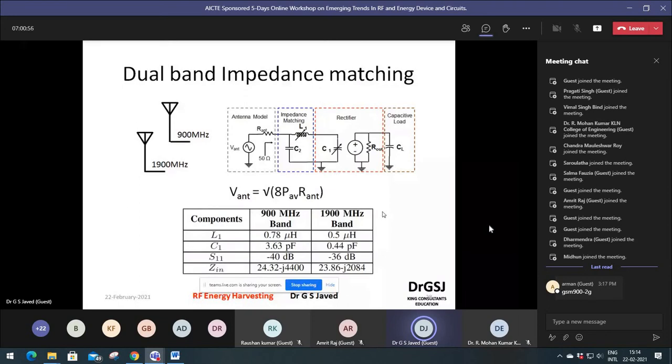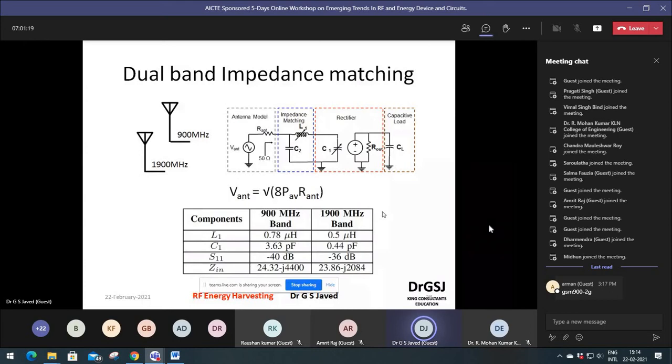The capacitance we used was 3.63 picofarad, whereas for 1900 we used 0.44 picofarad. This kept the insertion loss at minus 40 dB for 900 megahertz and minus 36 dB for 1900 megahertz.